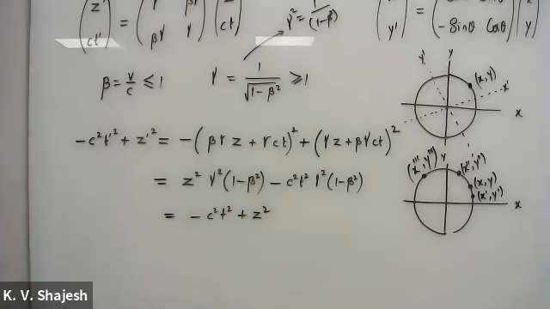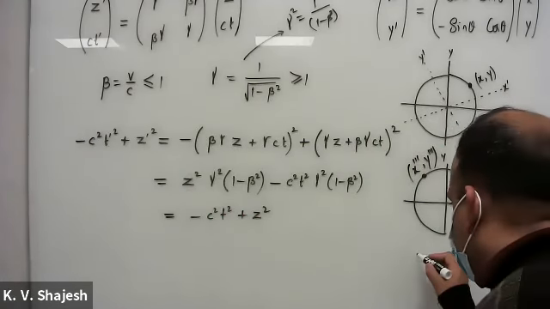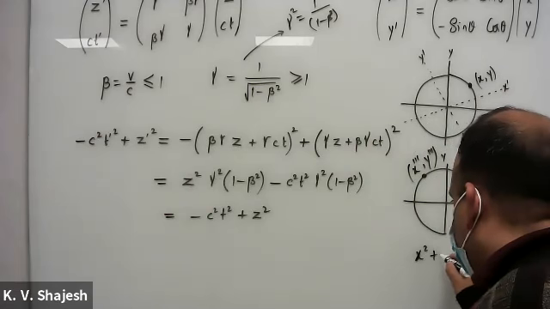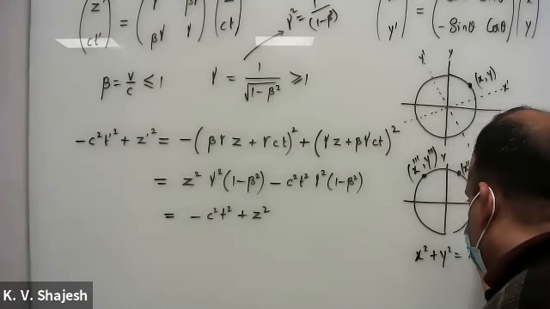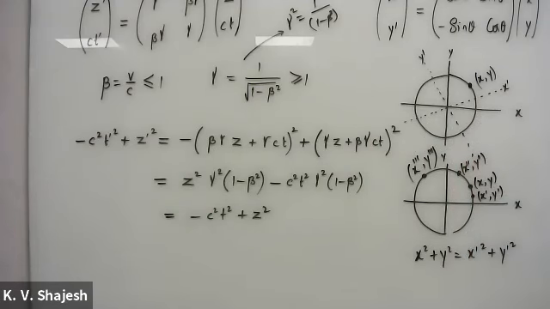So what is the equation of a circle? Remember, if I were to think of a circle, you have x squared plus y squared equal to x prime squared plus y prime squared. And that remains a constant, let's say r squared. So if this is a constant, you have a circle.